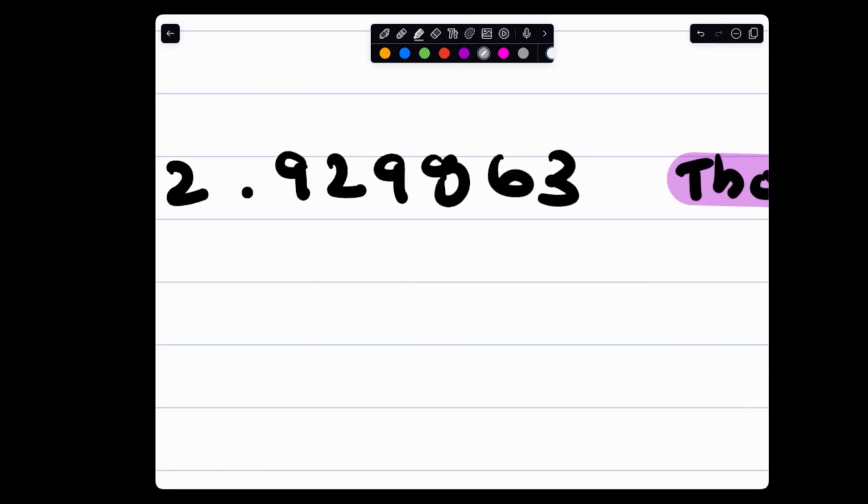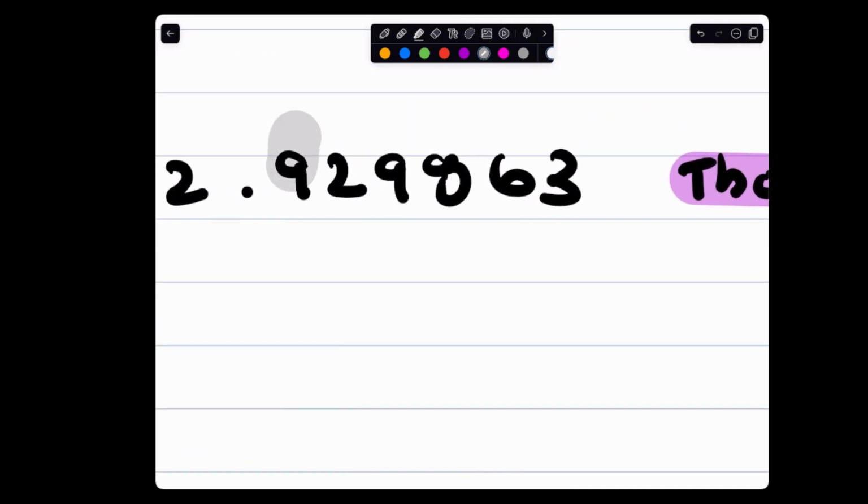Okay, where's the thousandths position again? Tenths, hundredths, what? Thousandths. What digit is in the thousandths? 9. Look to the digit to the right. What do you see? An 8.